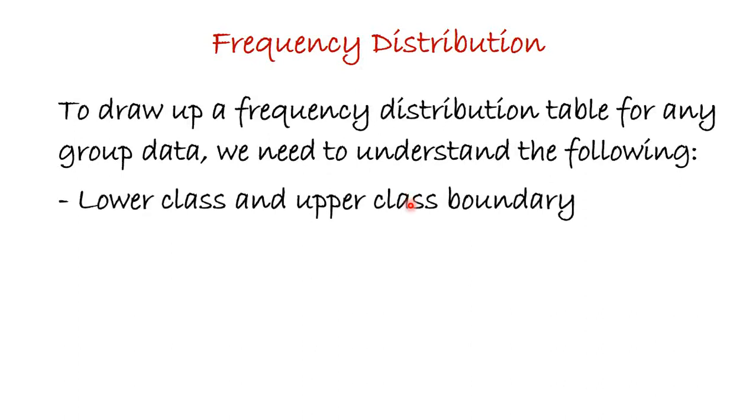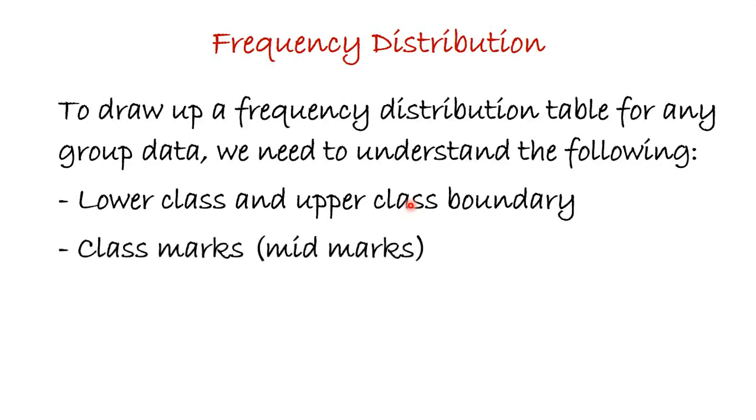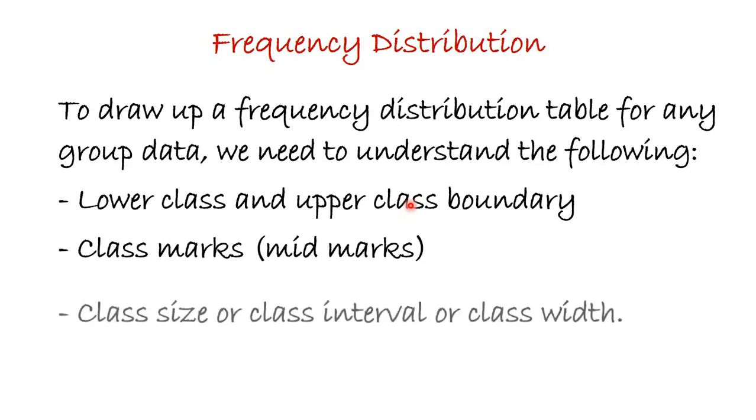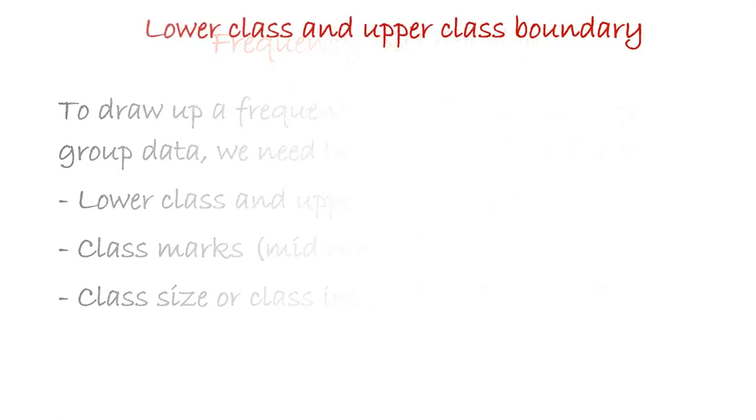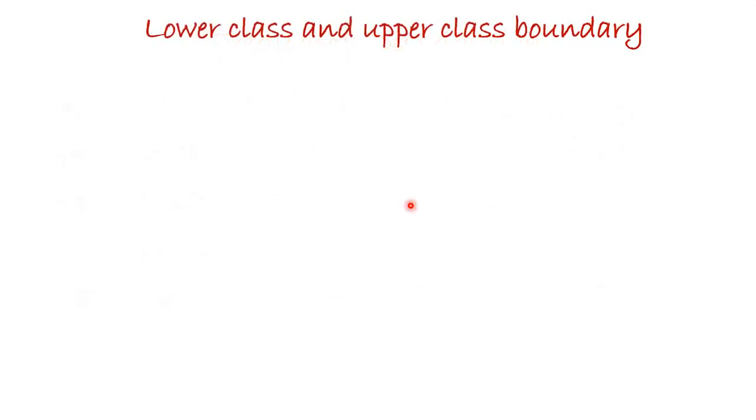Then we also need to know what we call the class mark, or the mid mark. Then we shall also talk about the class size, or class interval, or class width. Let's begin by looking at the class boundaries, that is the lower class boundary and the upper class boundary, and we see how we get them.